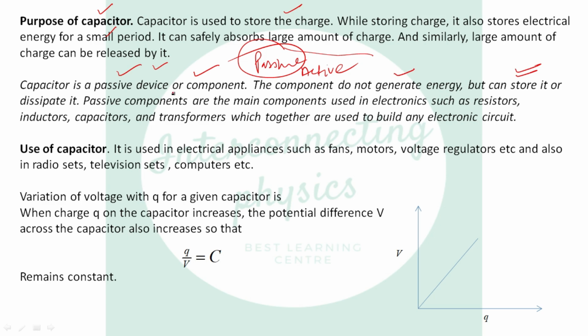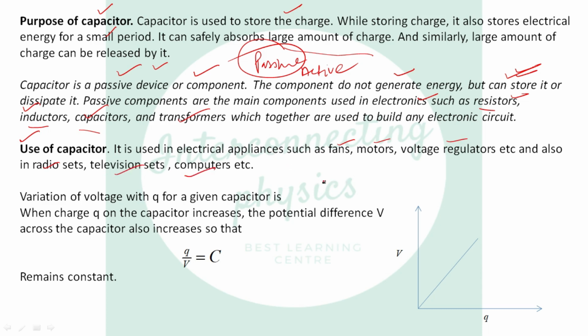The passive components are the main components used in electronics such as resistors, inductors, capacitors, transformers. These are the passive components because these only store energy. The use of capacitor is in electric appliances like fans, motors, voltage regulators, radio sets, televisions, computers.